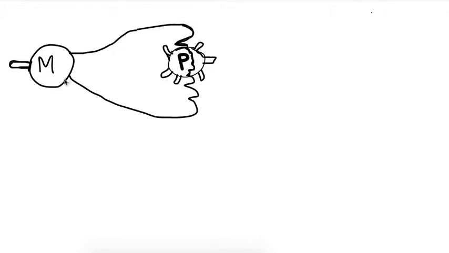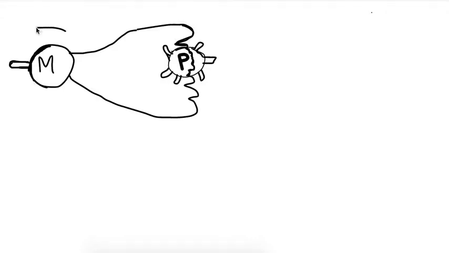So the macrophage partially engulfs the pathogen, and it displays on its surface a portion of the antigen of the pathogen, the antigen's cell membrane.